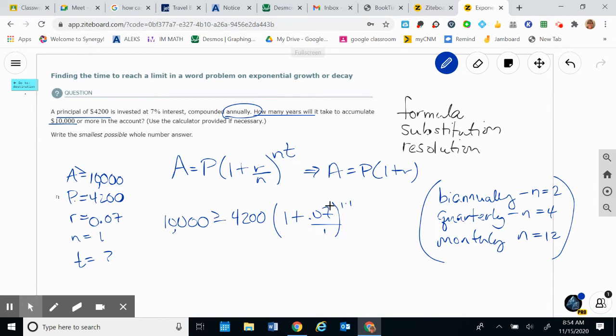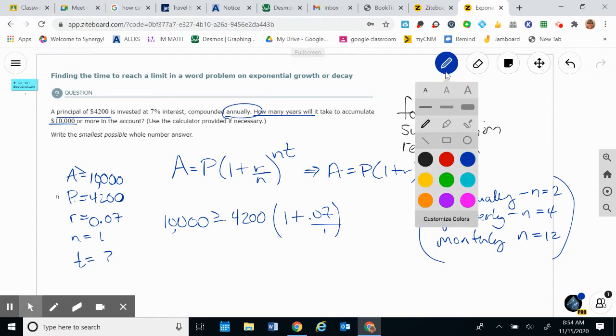To the 1, not 1, t, sorry, my bad. T. I should have just put that there. If t was 1, but if n is 1, that's the formula I gave you earlier. This is the annual formula. Anyway, so here we are. I'm going to erase that 1 just because it's distracting to me.